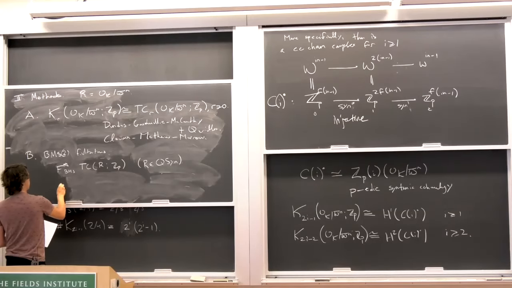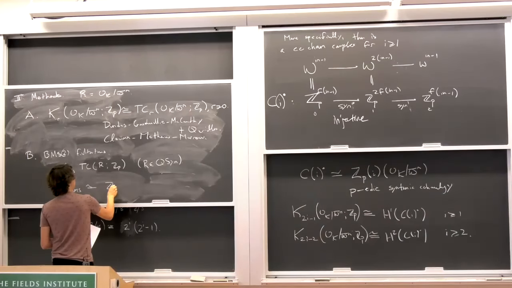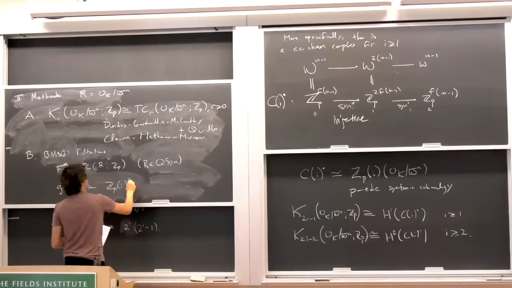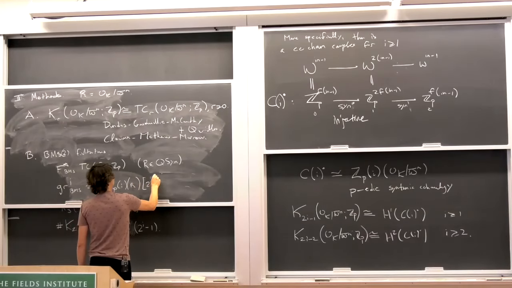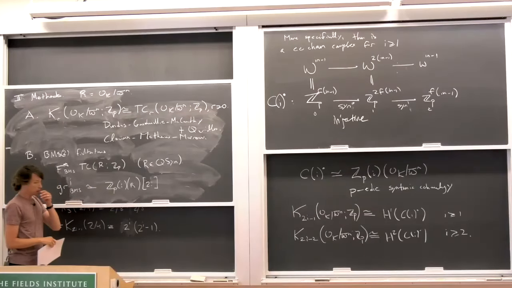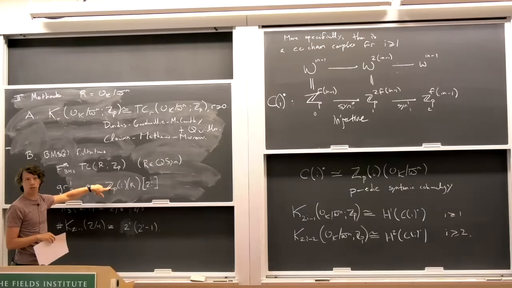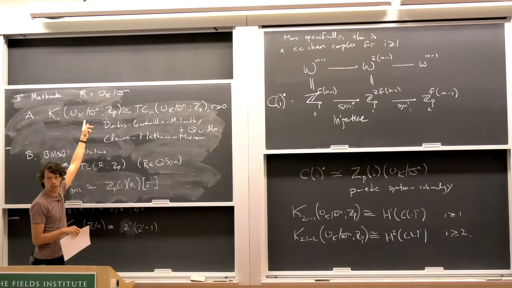The important thing about this is the i-th graded piece of this filtration is what's called this prismatic syntomic complex that I mentioned above, evaluated at R and homologically shifted up by 2i. And of course, there's an associated spectral sequence coming from this filtration and converging to the TC groups, which are the K groups.